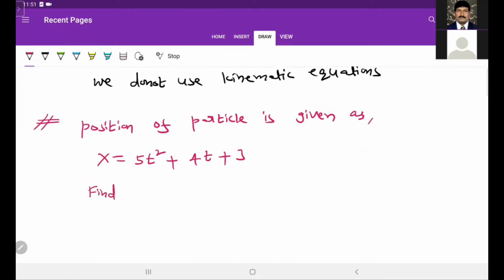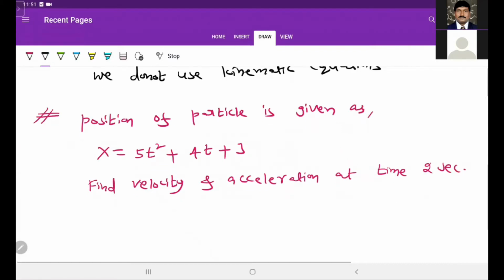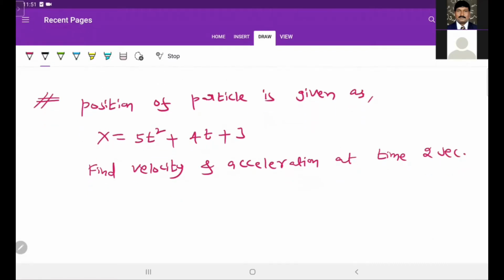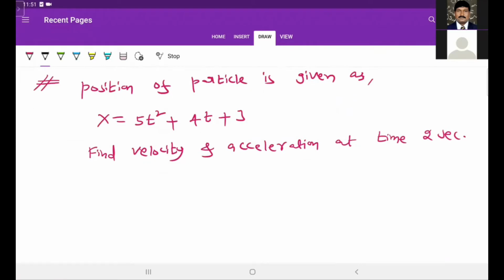Find velocity and acceleration at a time 2 seconds. If a question is asked like this, the particle position is different at different times.